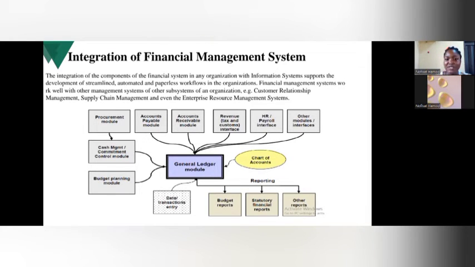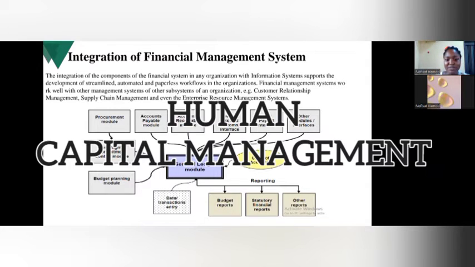The financial management system works well with other management systems and subsystems in the organization, such as customer relationship management, supply chain management, and even the enterprise resource planning system.